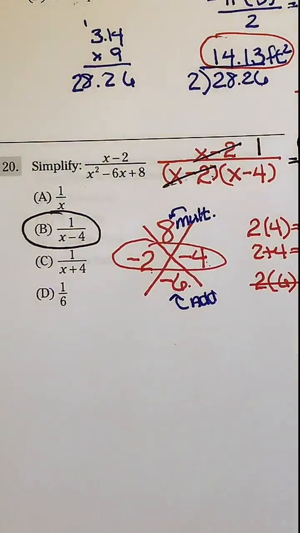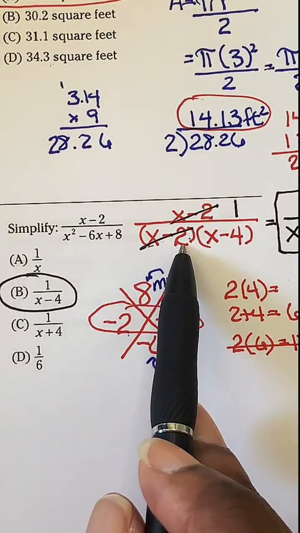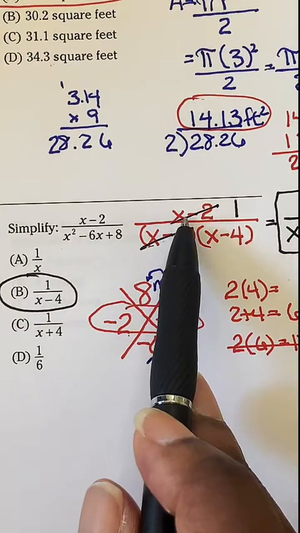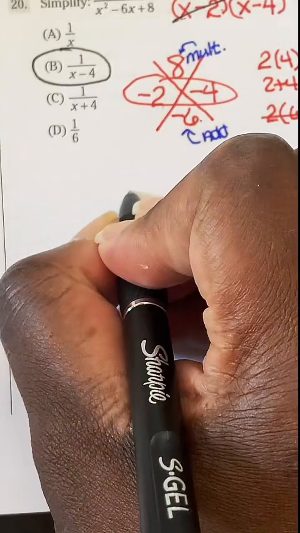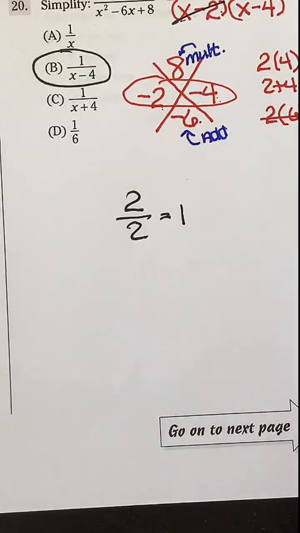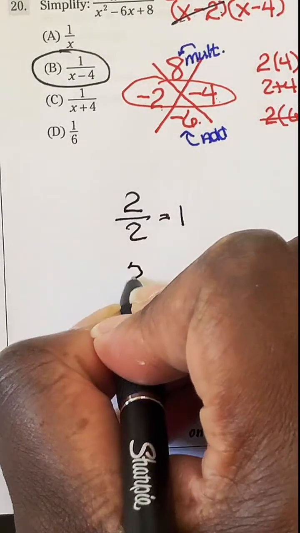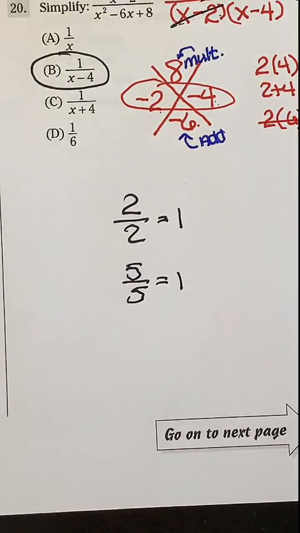Where did the 1 come from? x minus 2 divided by x minus 2. When they cancel out, think about it, anything divided by itself gives me 1. 2 divided by 2 gives me a 1. 5 divided by 5 gives me a 1.